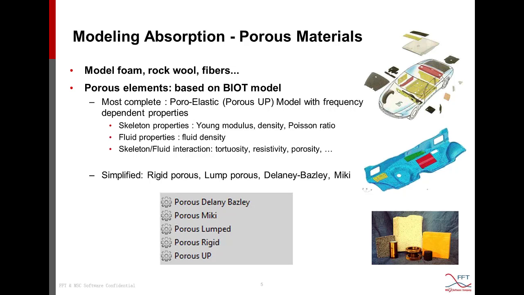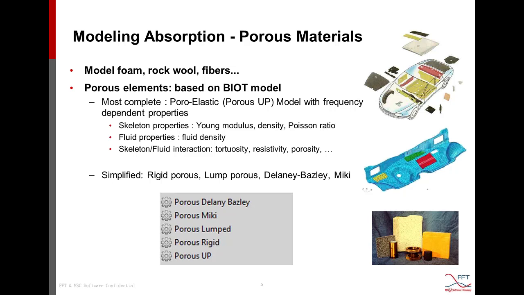Now, when some properties are missing, we can still use simplified formulations. Bear in mind, these simplified formulations often have their range of validity. For example, the rigid porous assumes that the skeleton is infinitely rigid, so we don't model the skeleton phase. And the lumped porous assumes that the skeleton is soft and has a mass effect, however.